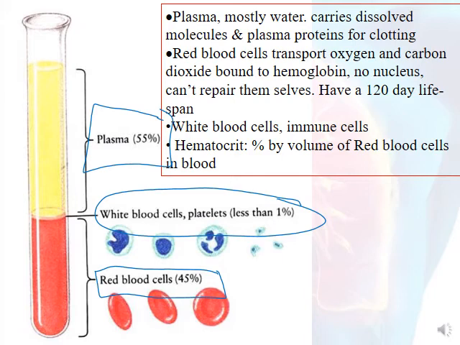They don't have a nucleus. They can't repair themselves, and they have a lifespan of about 120 days. White blood cells are called the immune cells, as we said, and have a role in immunity. Hematocrit represents the percentage by volume of the red blood cells in the blood.